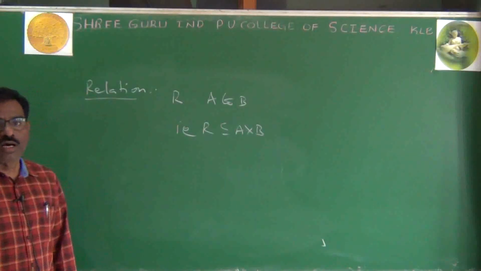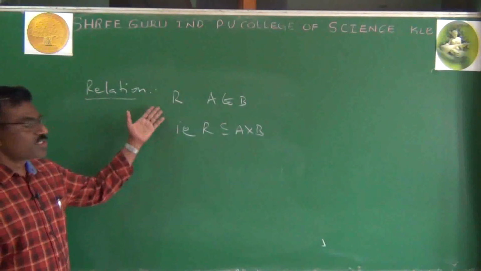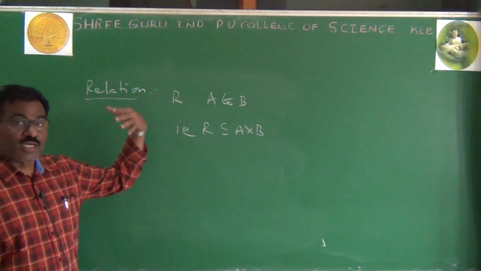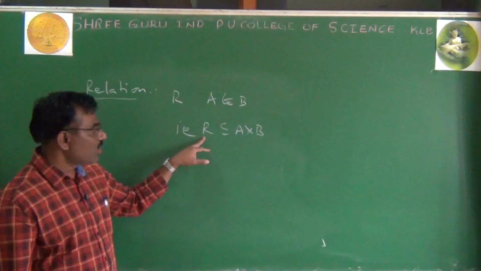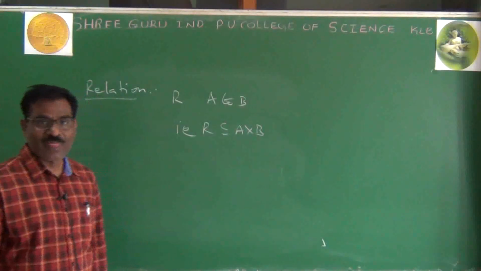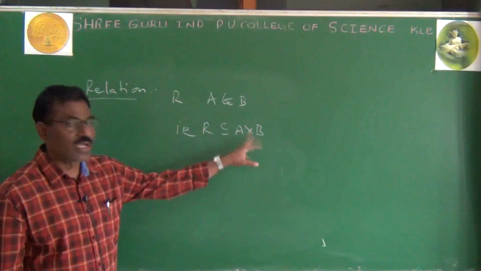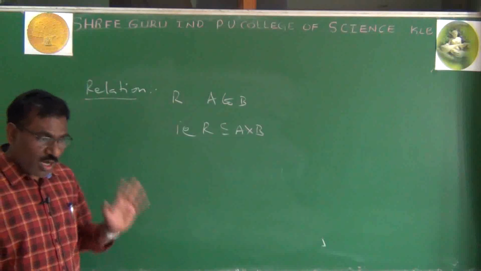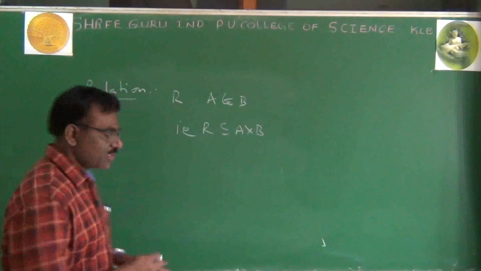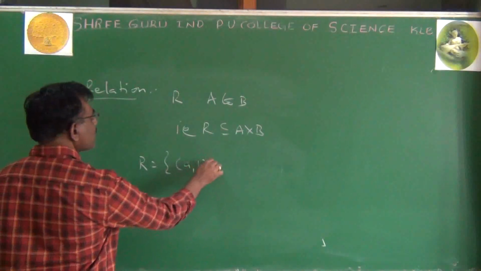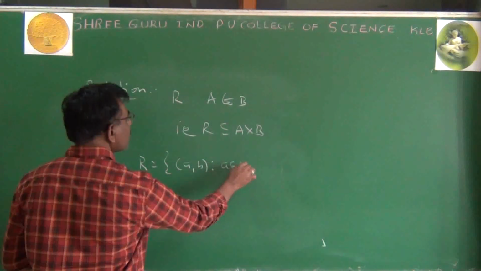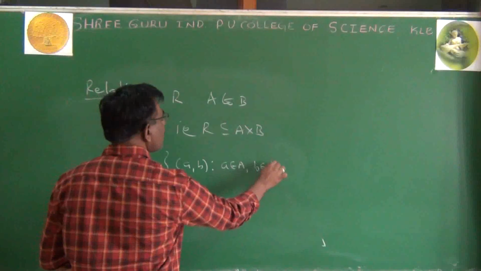A relation R from set A to set B is a subset of A cross B. That is, symbolically, R is a subset of A cross B. The relation R is defined as R equal to {(a, b) such that a belongs to A, b belongs to B}.